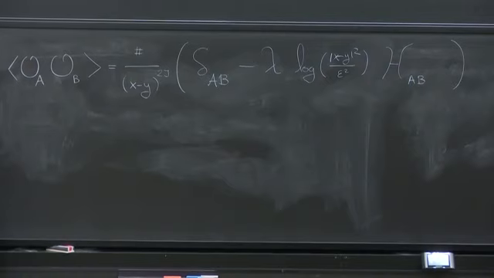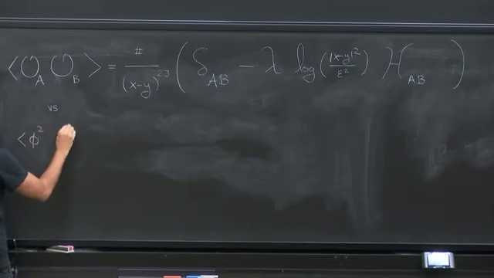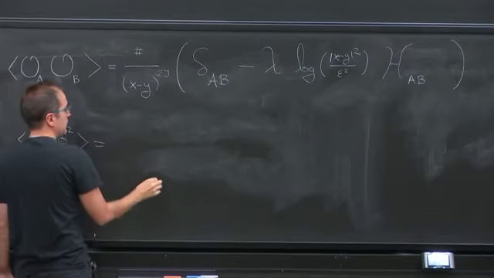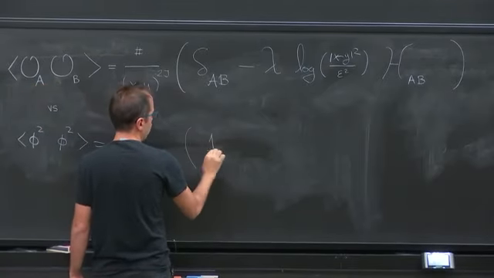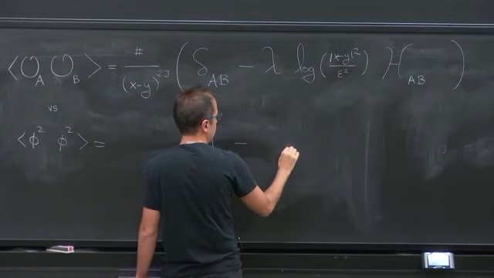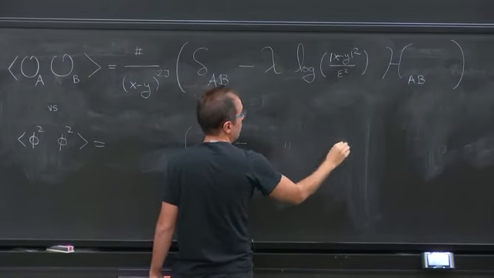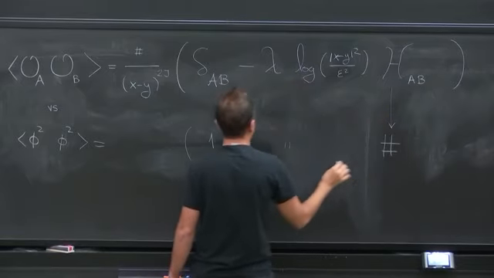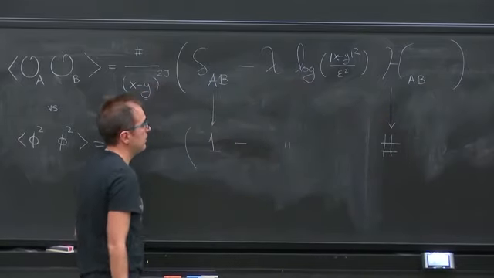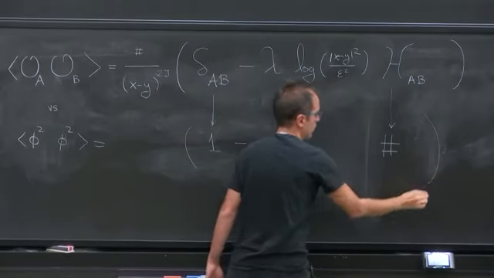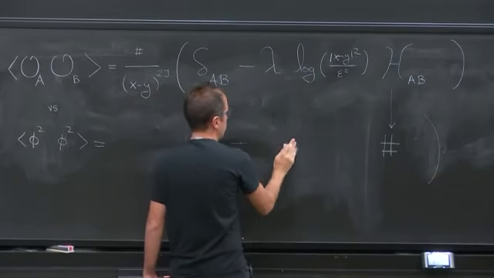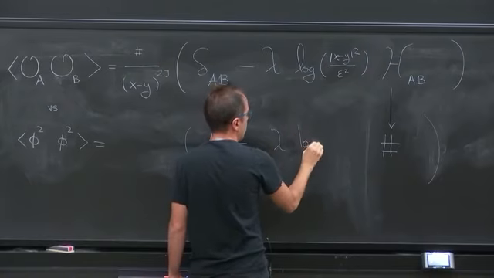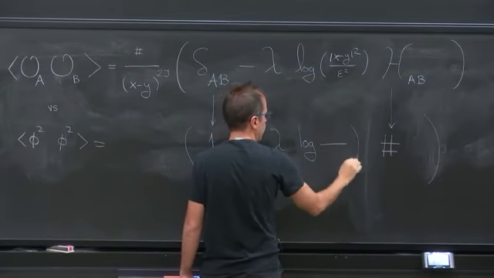Right? Remember, in the example we did before, which was a toy example, phi square with phi square. It was giving the similar thing, but here it was 1 instead of a delta. And here it was the same thing times a number instead of a matrix, right? And okay, here we add minus lambda log of the same thing times a number.